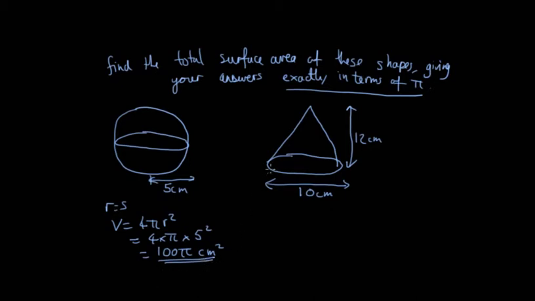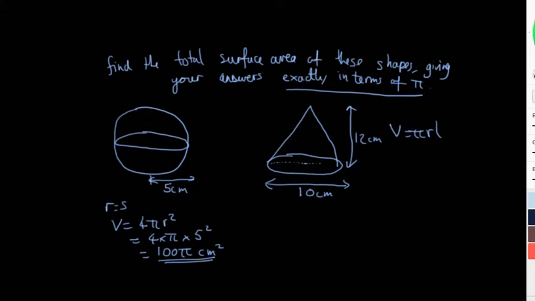Now for the cone. Remember, the curved area for the cone was pi r L. We've not been given L, but what we can do is imagine here the radius of our circle, and here's the height of our cone.